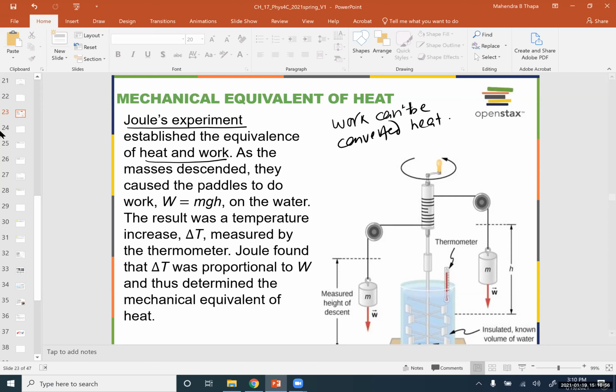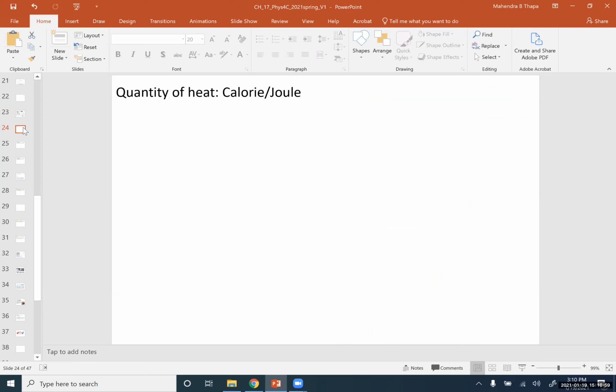This means if we drop a very big object, this is the object, from a very high place, and it falls down, after some time it will be at the ground level.